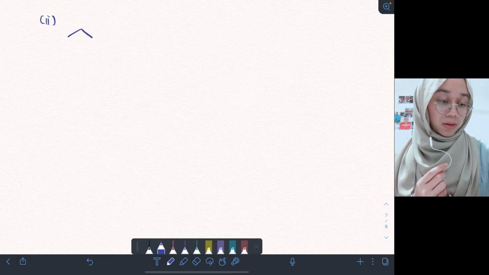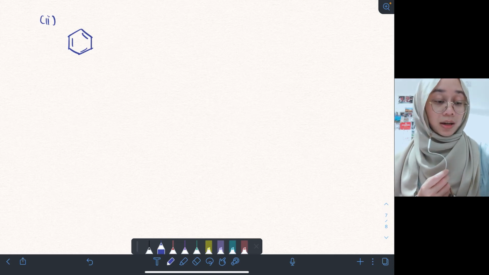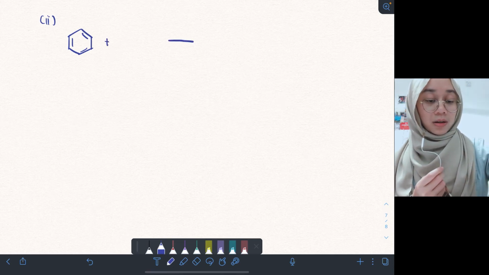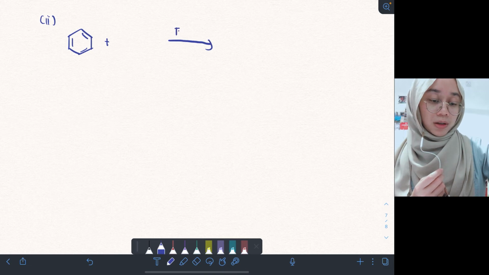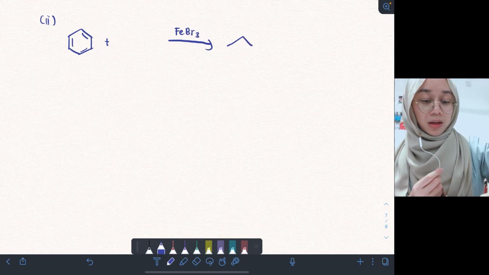Okay, so you have been given the product lah sebenarnya, tapi basically your starting point is still benzene. Okay, so now let's say Miss guna FeBr3 and then somehow ini adalah produk yang kamu dapat.